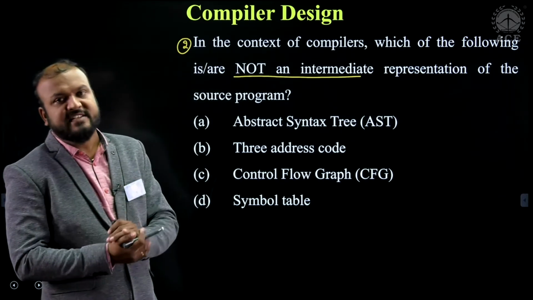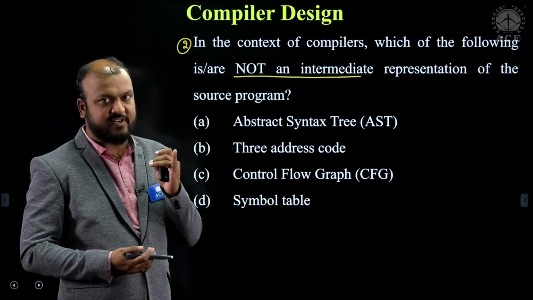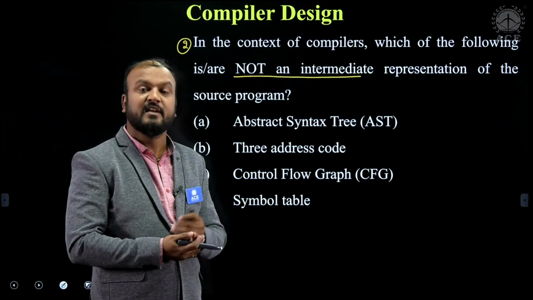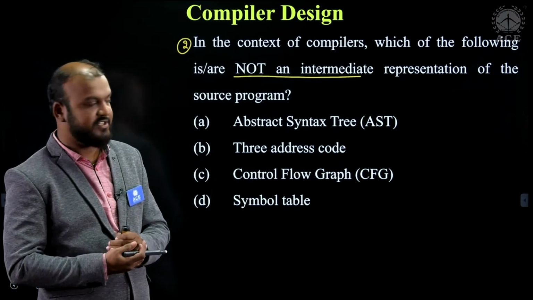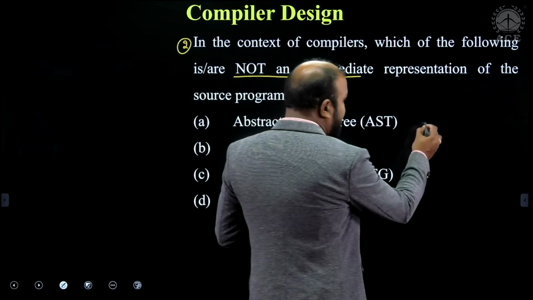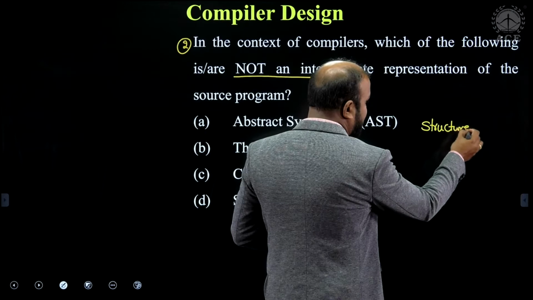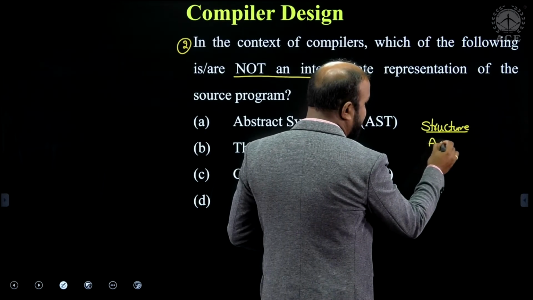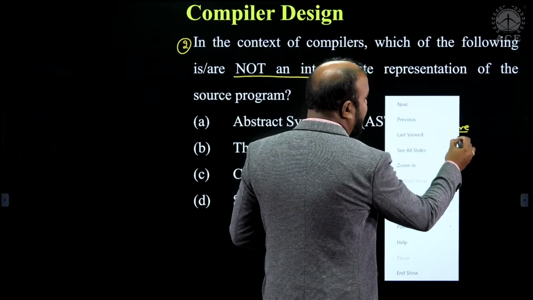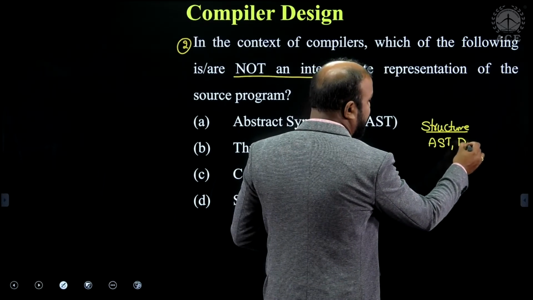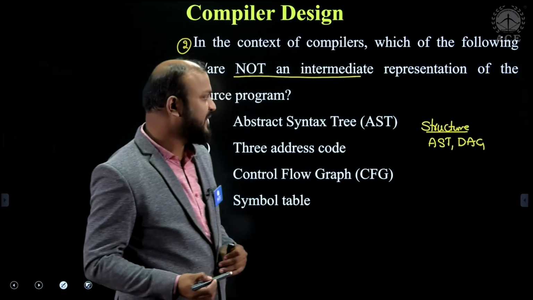There are 3 major categories of intermediate representation called structural intermediate representation, linear intermediate representation, and hybrid intermediate representations. In the structural intermediate representation, the abstract syntax tree and directed acyclic graphs are the examples.